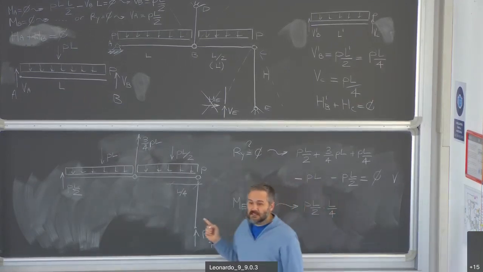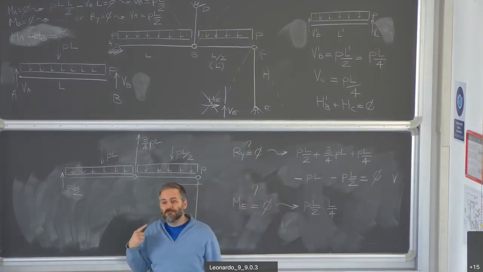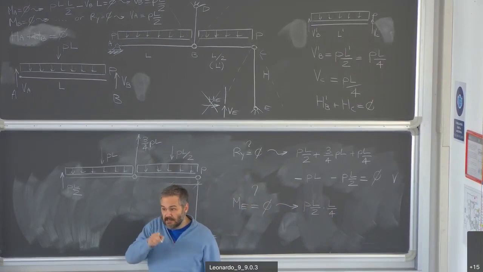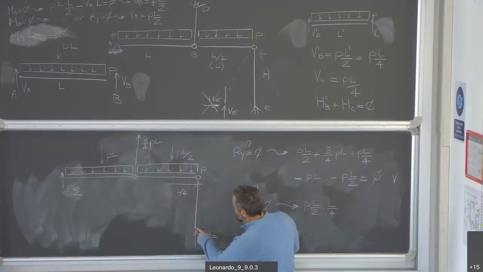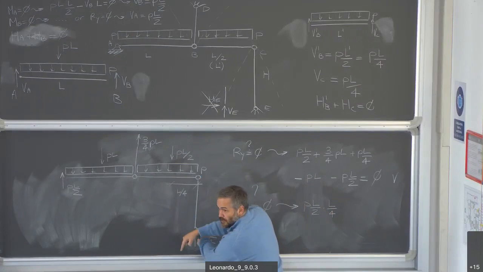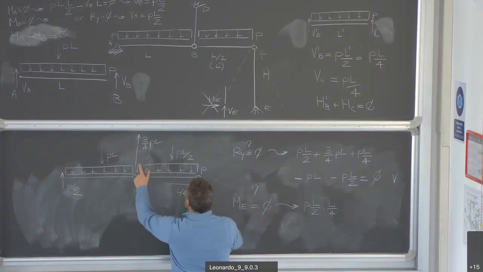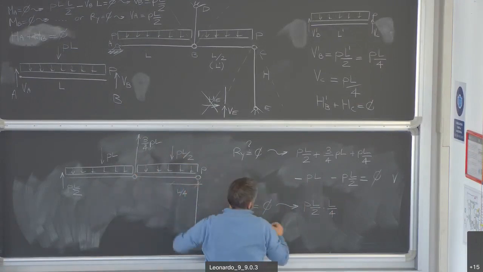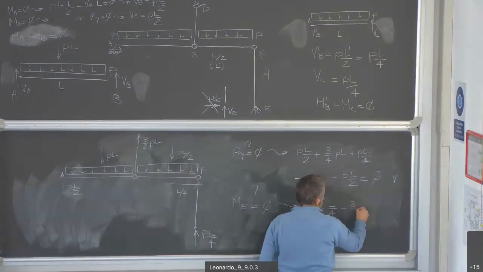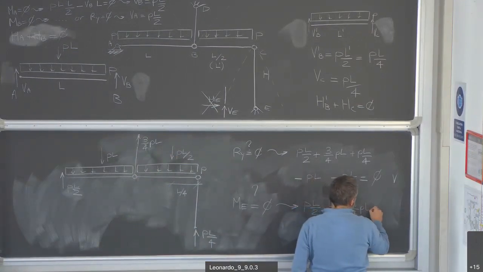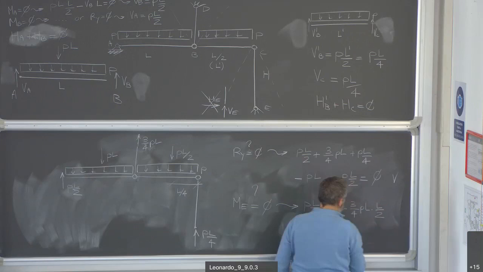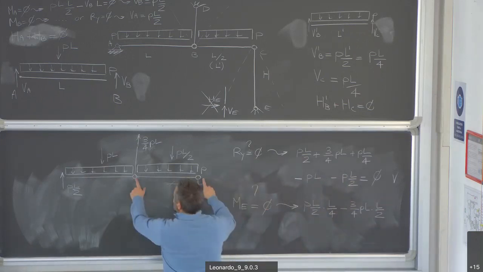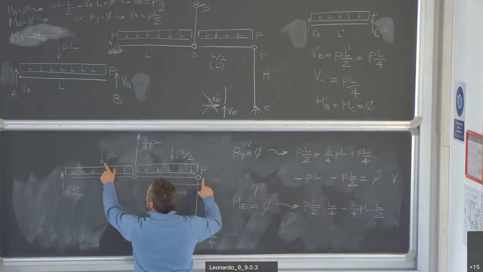Note that in this case, putting this contribution positive means I'm implicitly assuming counterclockwise is positive. Because with respect to this point, this is counterclockwise. Okay? Then I have 3/4 PL, whose lever arm is L divided by 2. This is clockwise. So I have minus 3/4 PL times L divided by 2. Then I have this one. What is the lever arm of this one?